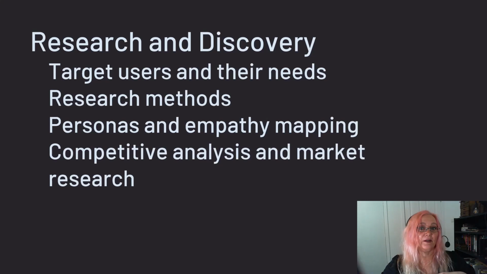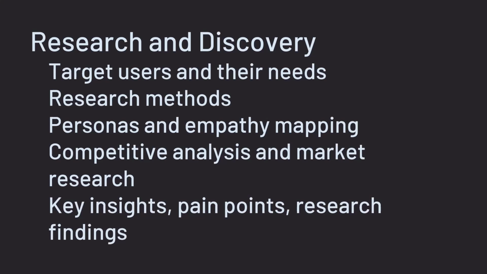Now, in many projects, you might also do competitive analysis and market research, and that would go in this section as well. Again, you would be reporting on your main findings there, not going into agonizing detail. And finally, you would have your key insights, pain points, and research findings.